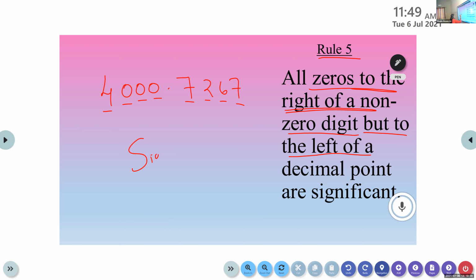Good. Here the significant digit count is 8. Why? According to rule number 5, all zeros to the right of a non-zero digit but to the left of a decimal point are significant. So here we need to consider all these 3 zeros. Is it clear?